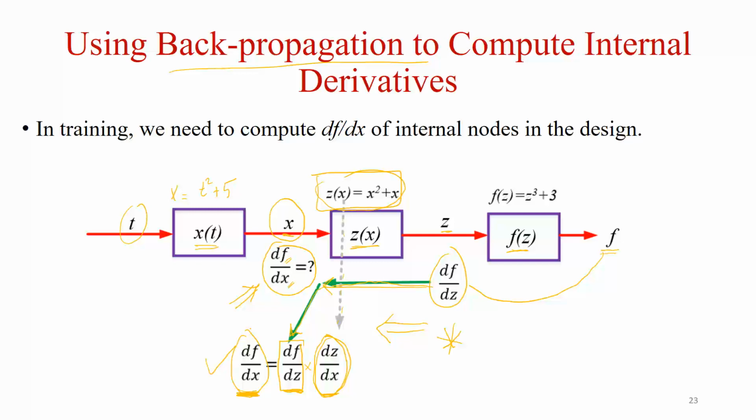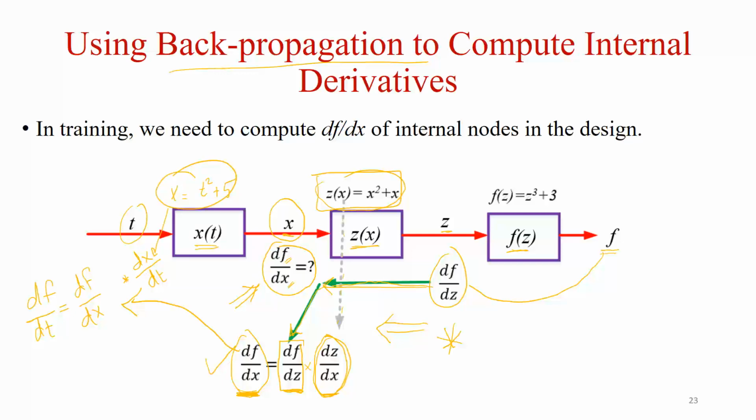And now I can push this value back, because if I need to compute, for example, df with respect to the t variable, that will be df with respect to x, which I computed already, multiplied with dx with respect to the t variable, which I can get from this equation right here.